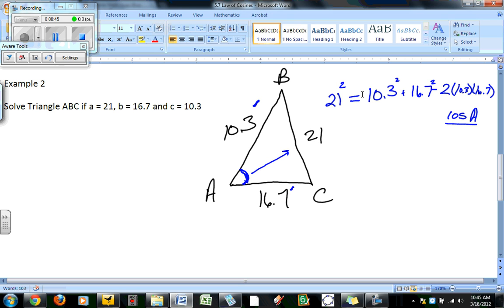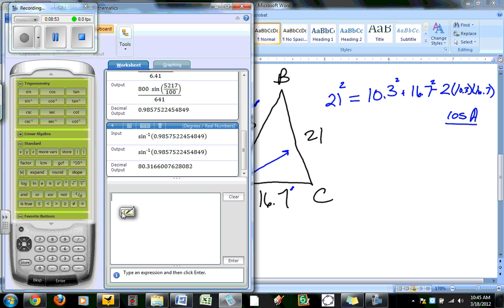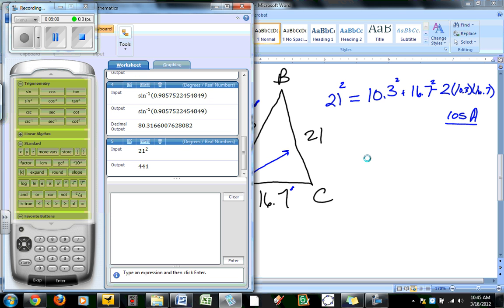And now all we need to do is turn to our calculator and work it out. So I'm going to try to move this over here again without it messing up. All right, here we go. So 21 squared, we might as well figure out what that is right away. 21 squared is 441.